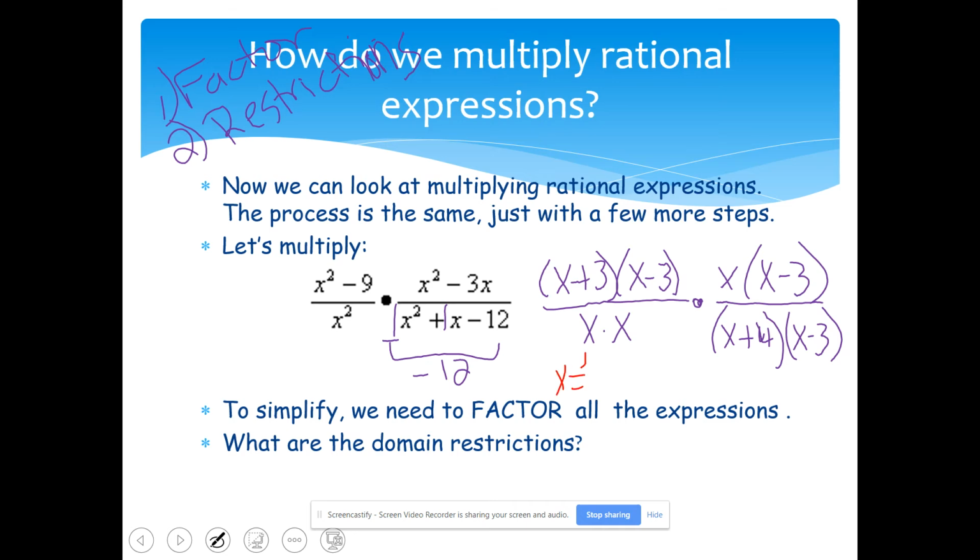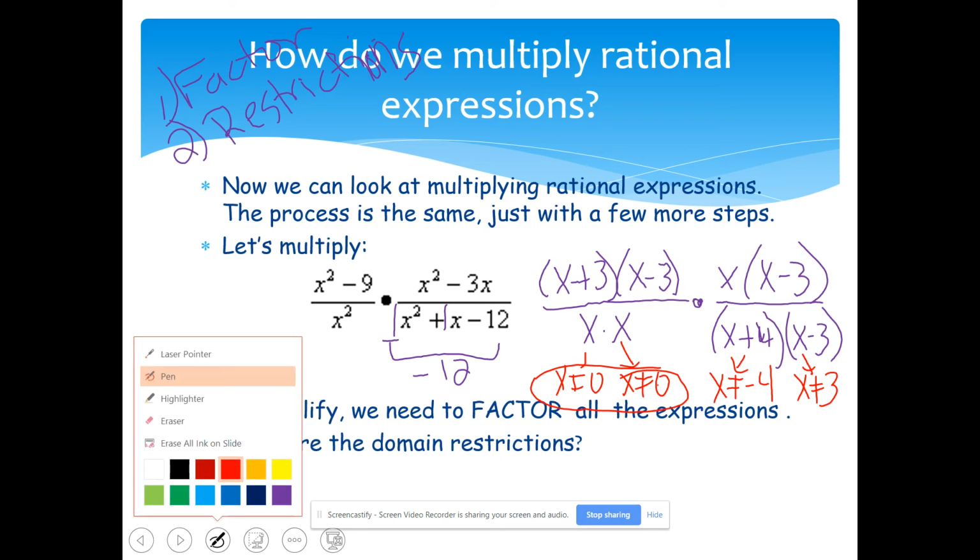So we have this x equal to 0, this x equal to 0, x plus 4 cannot be negative 4, and x minus 3 cannot be 3. Technically, we don't have to repeat those two, but just to get in the habit of making sure you check for every single x that's in the denominator, it's okay if you write it twice.